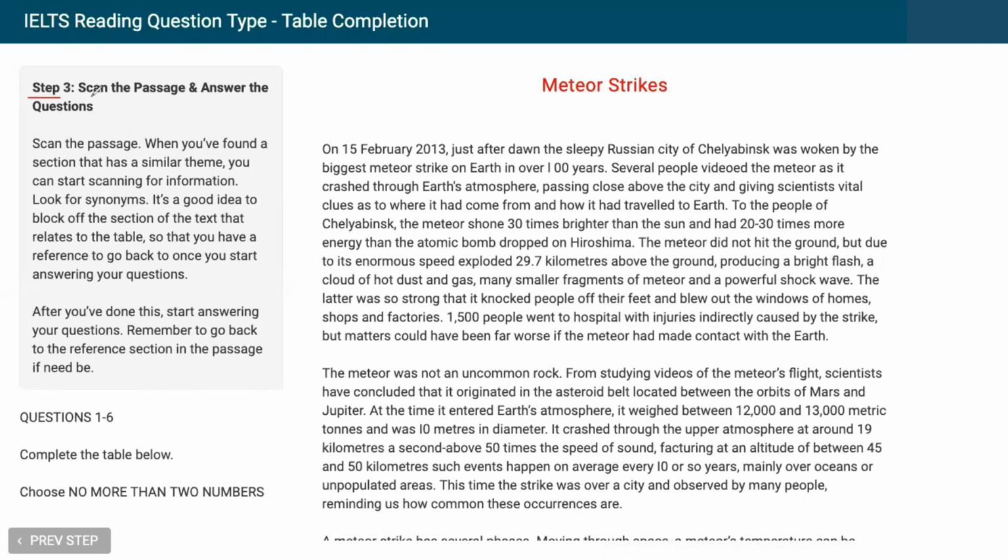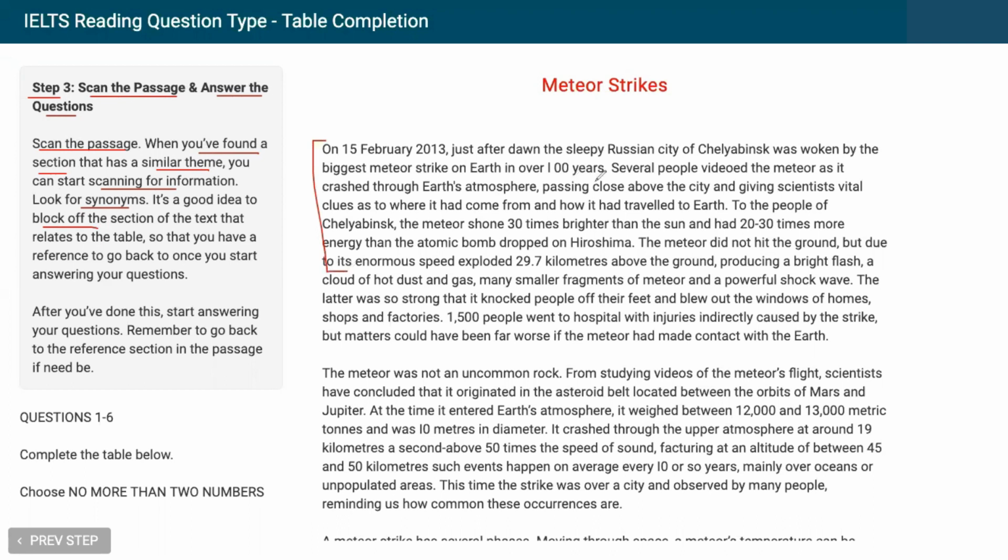Let's continue to scanning our passage. Step 3, scan the passage and then answer the questions. So we're going to scan our passage, and when we find a section that has a similar theme to our table and to our gap fills, we can start scanning for information, okay? We'll have to look for synonyms, and it's an excellent idea to block off the section.